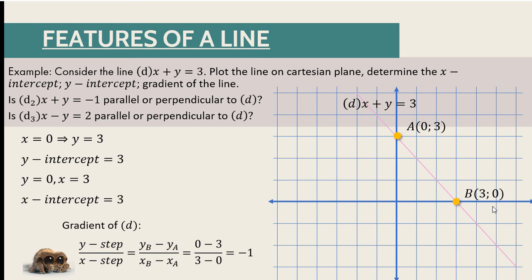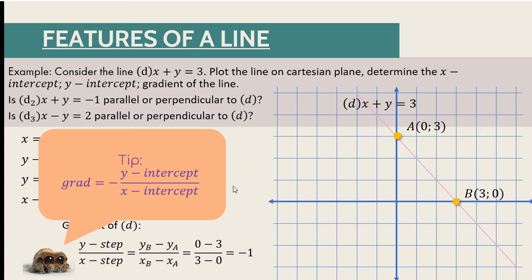It is 0 minus 3 divided by 3 minus 0, and it should be equal to -1. So the gradient of the line x plus y equals 3 is -1.